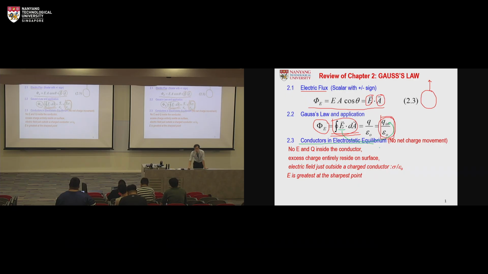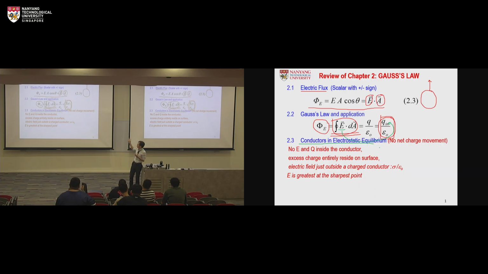conductors in electrostatic equilibrium. So here, point 1 is the so-called electrostatic equilibrium means there is no net charge motion inside the conductor. While we say for each charge, if it's a conductor, then it can move freely.